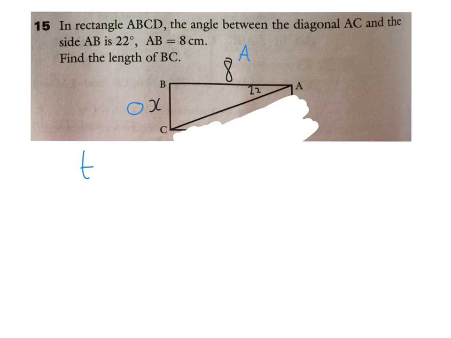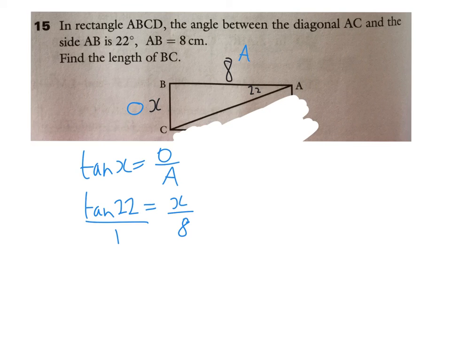O and A, hopefully you've got used to knowing that O and A always gives you tan. That's the equation you start off with. You fill in the information, x being the angle when it's got tan beside it. O is x and A is 8. Divide it by 1, cross multiply.